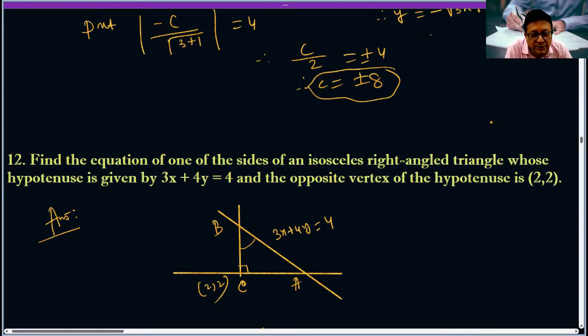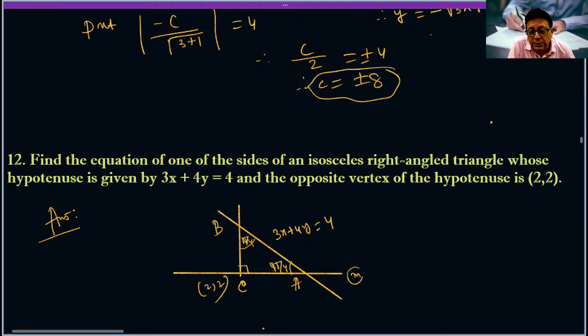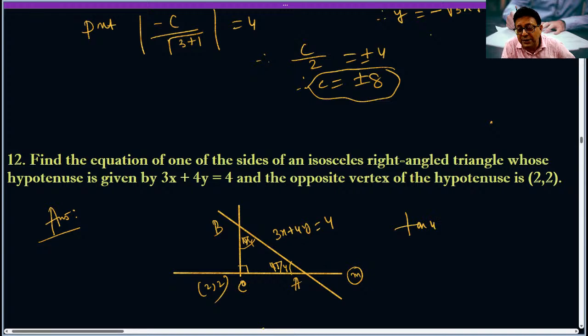This part is what? 45. We have to get equation of CA and CB. Let slope of them be M. Then tan 45 degree is what?